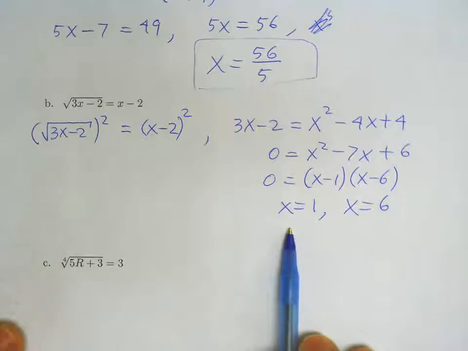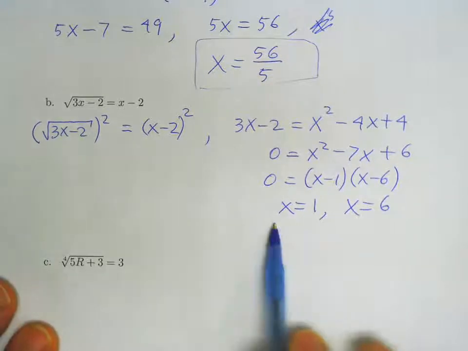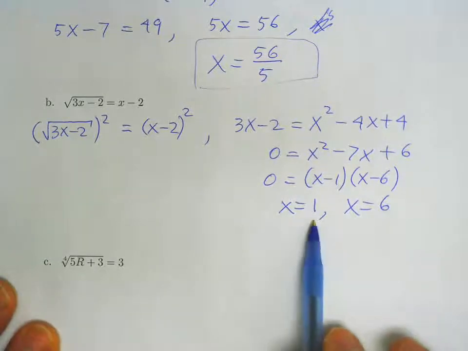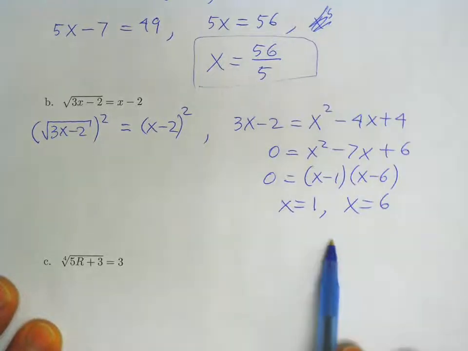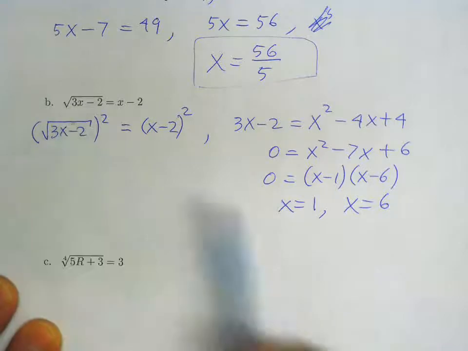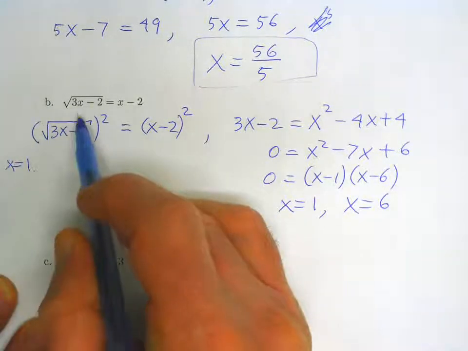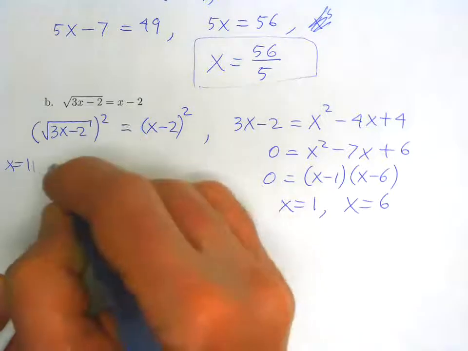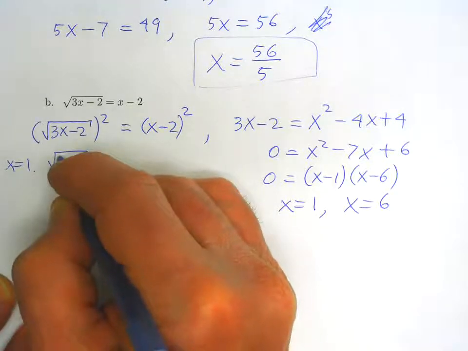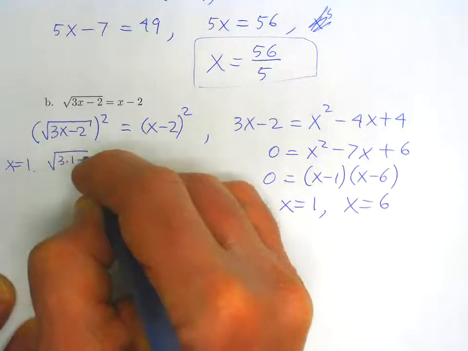Okay, when we check these, you can tell almost right away that x equals 1 is not going to work. So when we test x equals 1, replace every x with 1, we get on the left-hand side the square root of 3 times 1 minus 2.